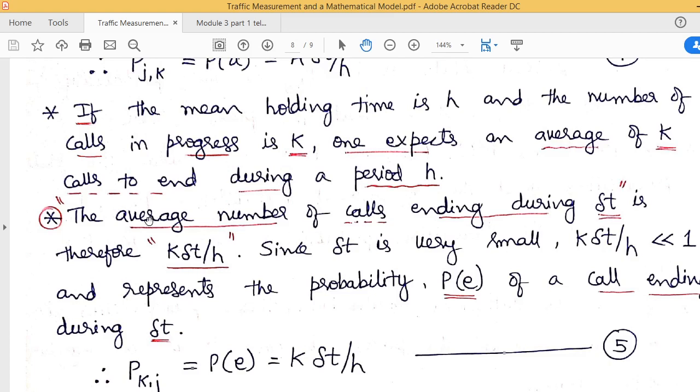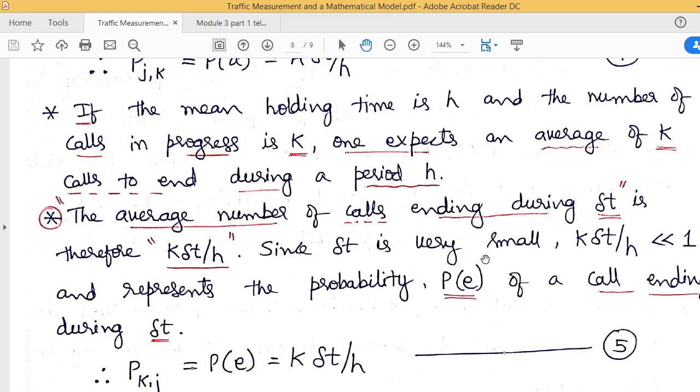Accordingly, the average number of calls ending during delta t can be defined as K times delta t by H. Since delta t is very small, this entire term will be very small compared to 1, and this represents the probability of ending.